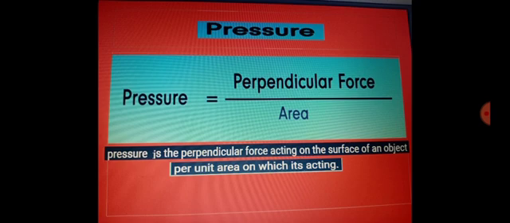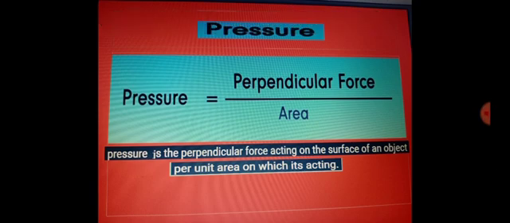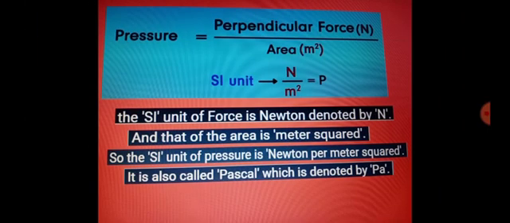And if we keep the area the same and force increases, then with the increase of force the pressure also increases. So pressure and force are directly proportional and pressure and area are inversely proportional.